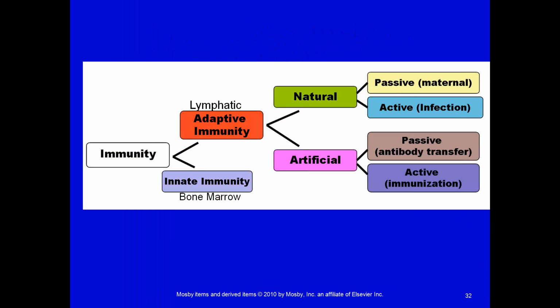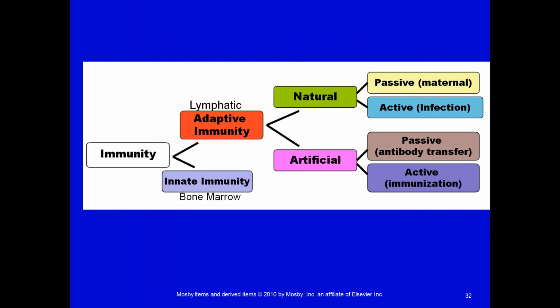Within adaptive immunity, you have natural immunity, which you get from your mother. As a developing fetus, should your mother be exposed to certain infections, bacteria, viruses, whatever, when she builds the antibodies, the fetus gets those as well.